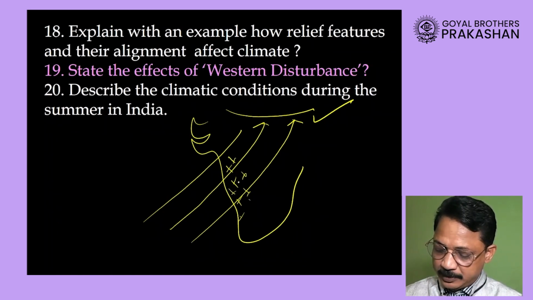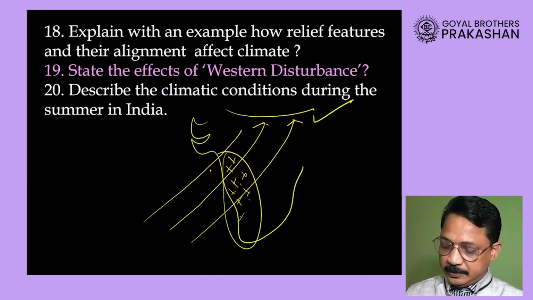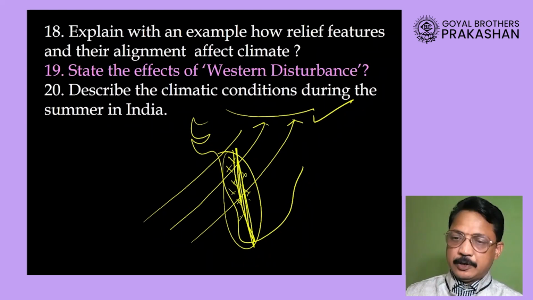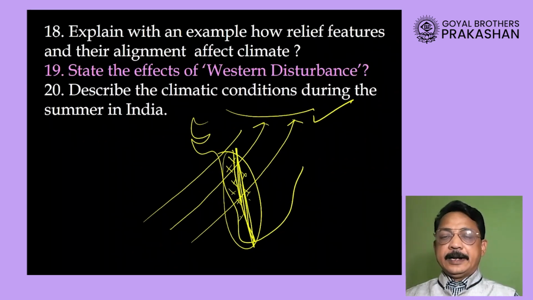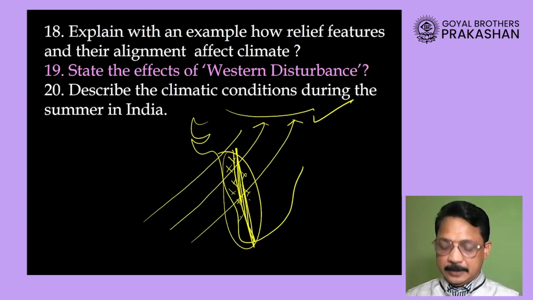It doesn't mean they wouldn't have given rain here. Yes, they would have given, but the rain is now more here in the western coastal area, because the arrangement of this western ghat naturally is from north to south in our country.